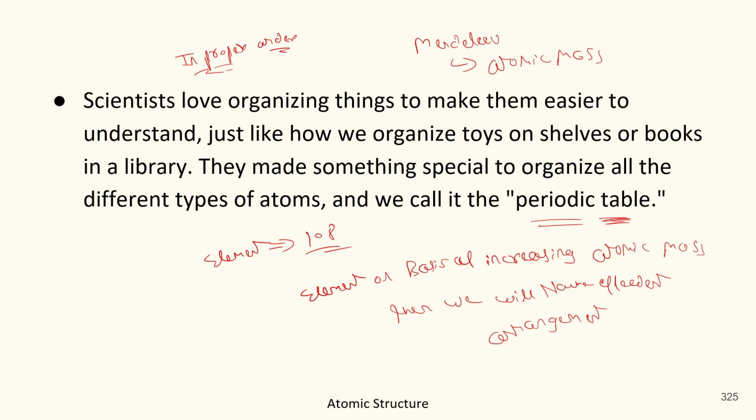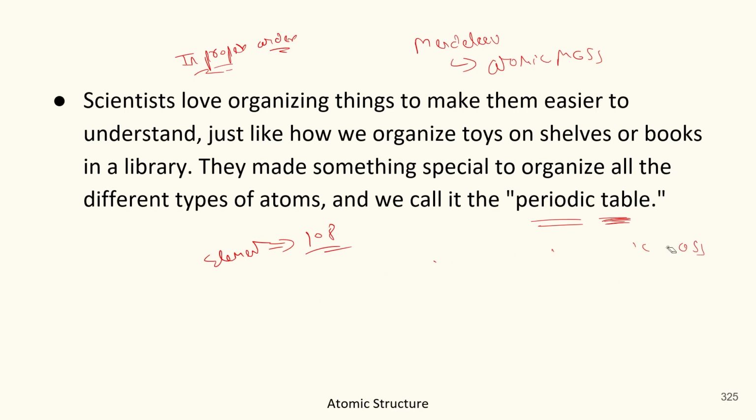Got it? But his periodic table failed, and why? We will have a discussion over it in our upcoming lectures. Till then, just remember, he said we should arrange the elements on the basis of increasing atomic mass. That was Mendeleev's periodic table.